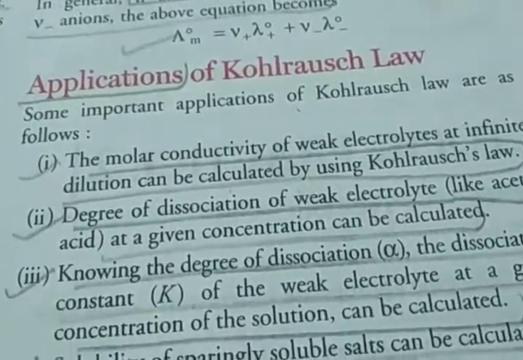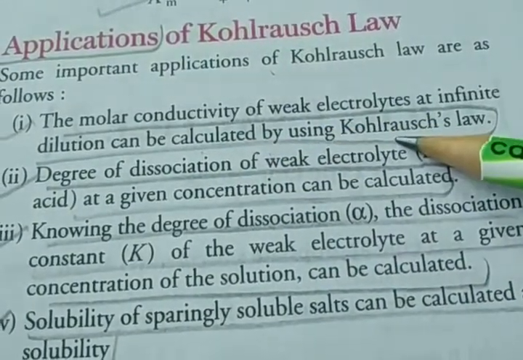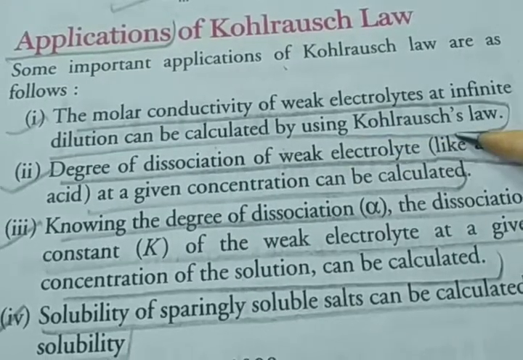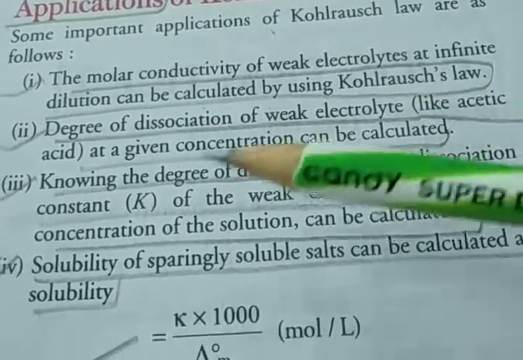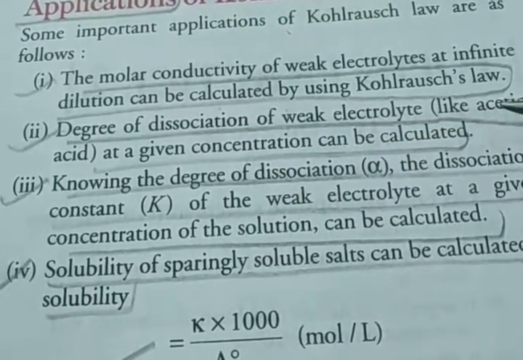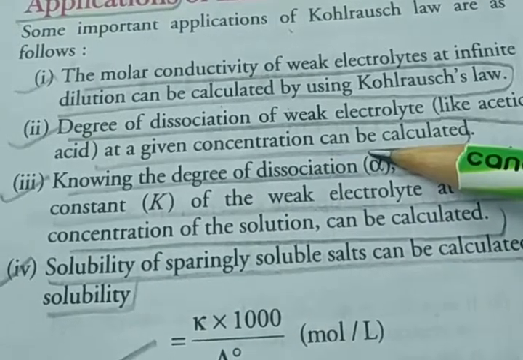So some important applications. First, the molar conductivity of weak electrolytes at infinite dilution can be calculated by using Kohlrausch law. Second, the degree of dissociation of a weak electrolyte, for example acetic acid, at a given concentration can be calculated.